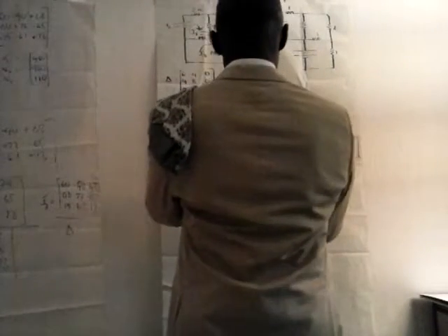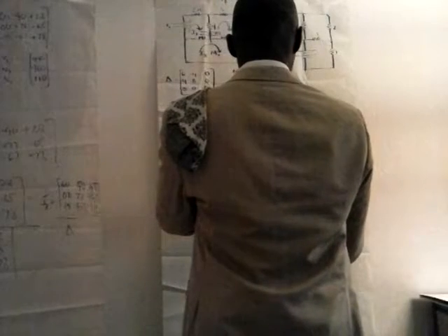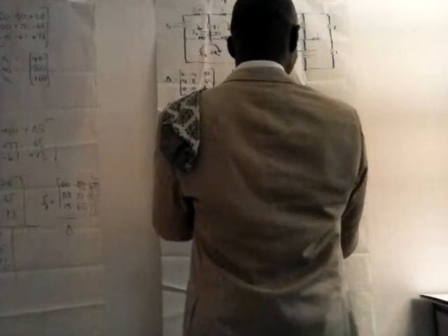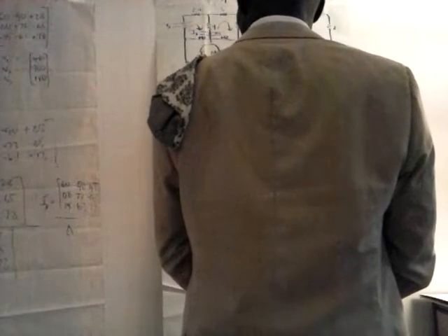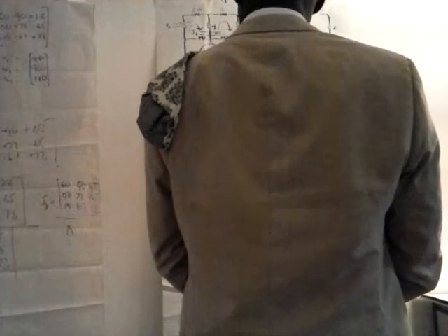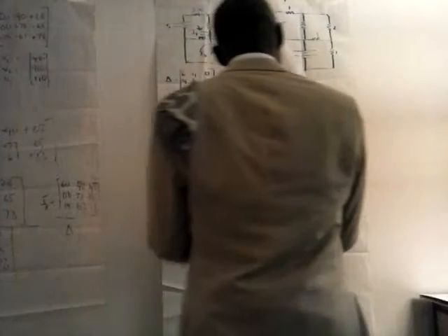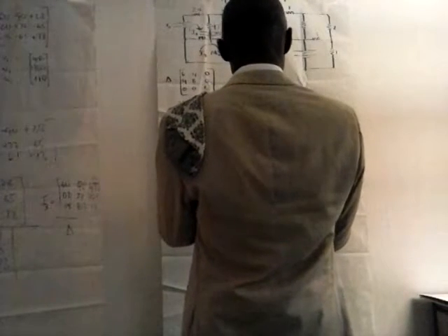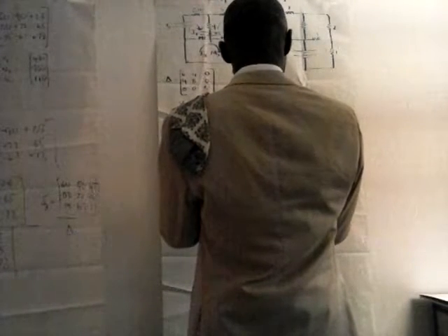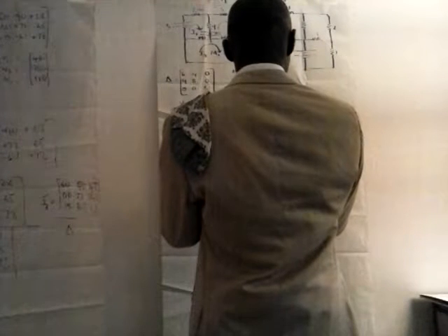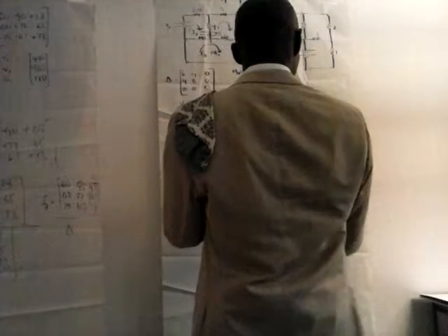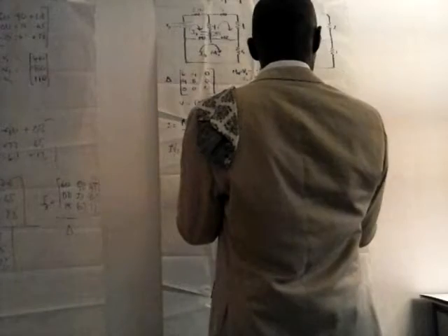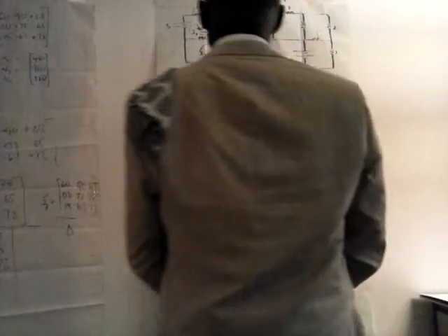And so this determinant will turn out to be, eight times 0 is 0. This would be 0, this would be 0, and that would be 0.